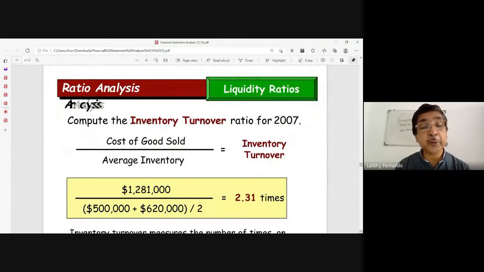Now, when you try to get the inventory turnover, there you have to talk on cost of goods sold and average inventory.